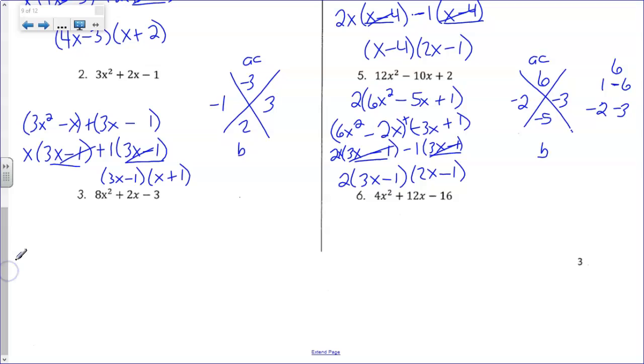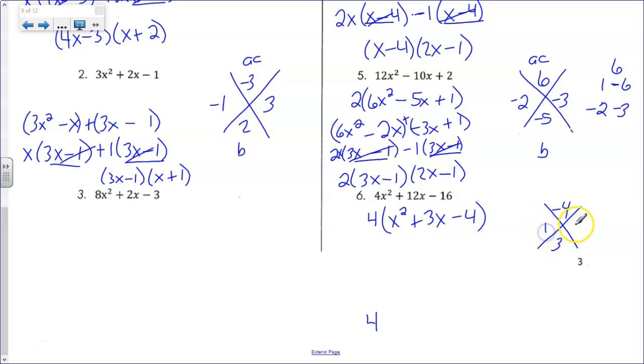All right, let's look at one more. We're taking out the GCF. So here is a GCF, and we can take out a 4. And that leaves me x squared plus 3x minus 4. So I'm going to write the 4 down here, come over here, and that's going to give me 1 and negative 4. So 1 times negative 4 is negative 4, and then 3.